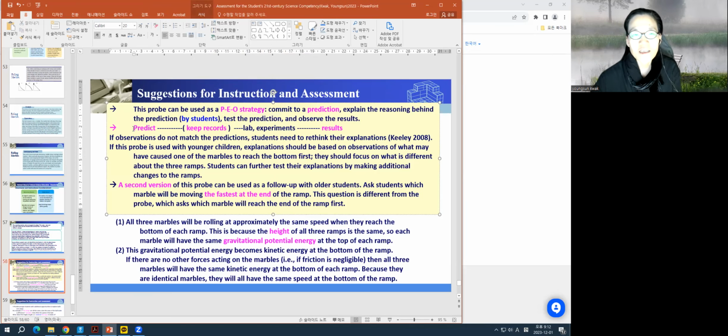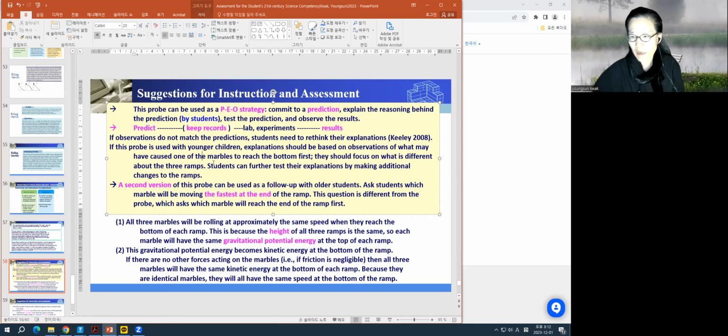Look here: predict and keep record, collect data, and draw out results.